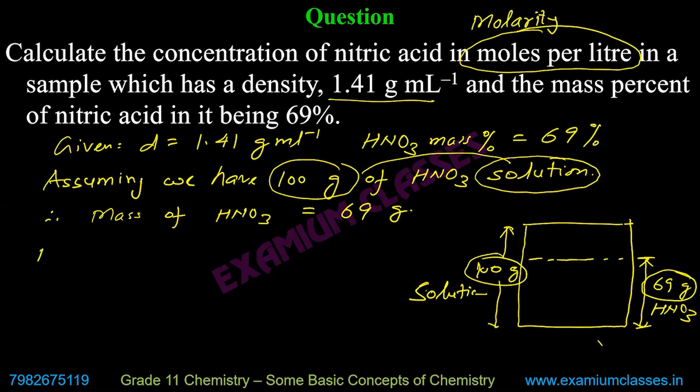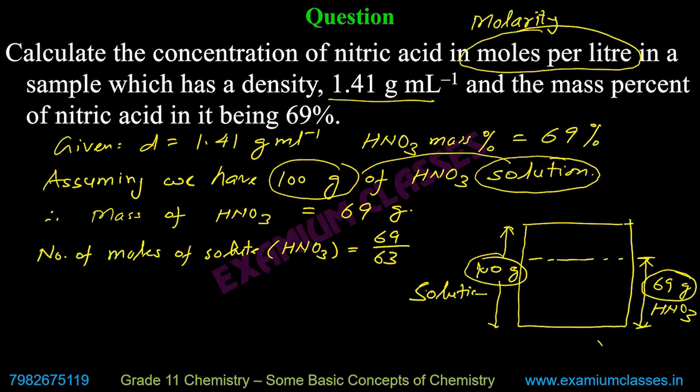So number of moles of solute, why are we calculating moles? Because we need molarity of solute, that is HNO3. You will write the formula and then substitute the values. I am not writing the formula, you will write. Given mass upon molar mass of HNO3, which will come out to be 63.